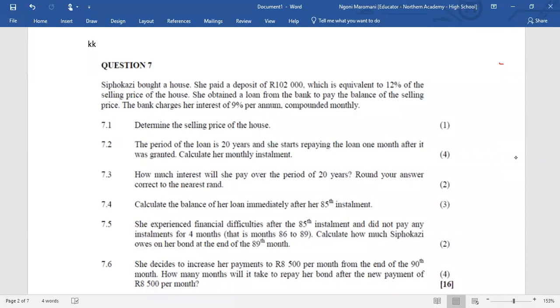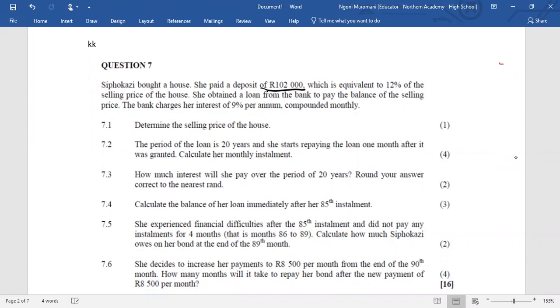It's saying Pogazi bought a house. She paid a deposit of 102,000 rand, which is equivalent to 12% of the selling price.